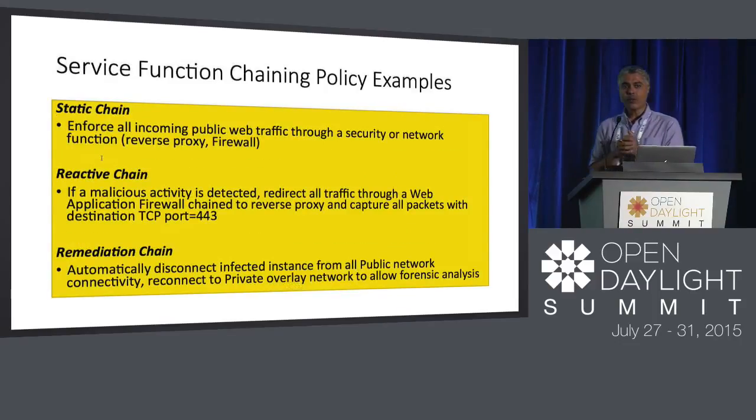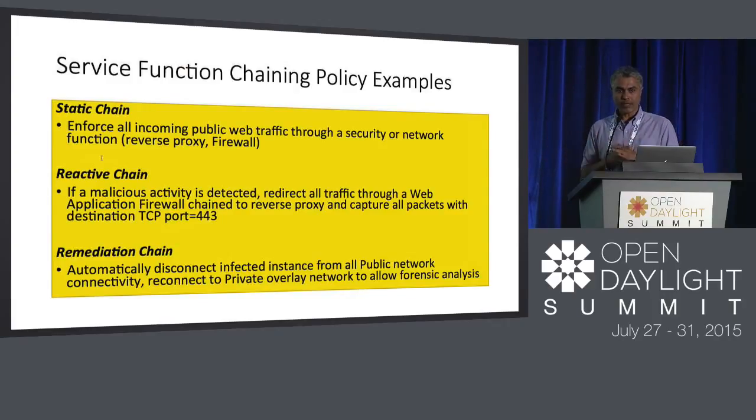And then going a little bit down into the SFC. You've heard a lot of talk about how it works with the GPB and all that. But here's an example of a use case from the real world. When I say static chain, I'm defining it beforehand. I want all incoming web traffic to go through A and B, basically some reverse proxy firewall.